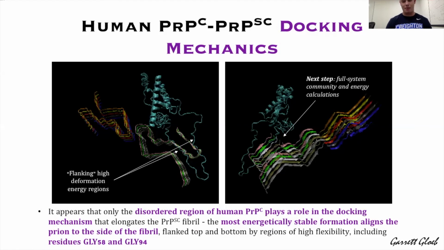So subsequently, we believe that more energetically stable formations, even if they do align on those deformation energy spikes, tend to correlate to a lesser resistance, whereas more flexibility tends to indicate that whatever species has that prion will be more resistant to getting a transmissible spongiform encephalopathy.